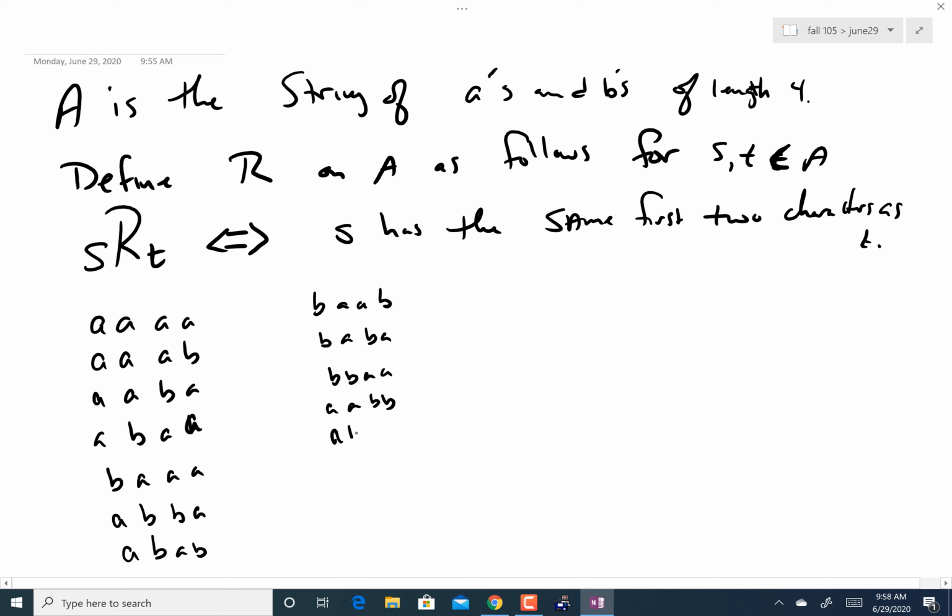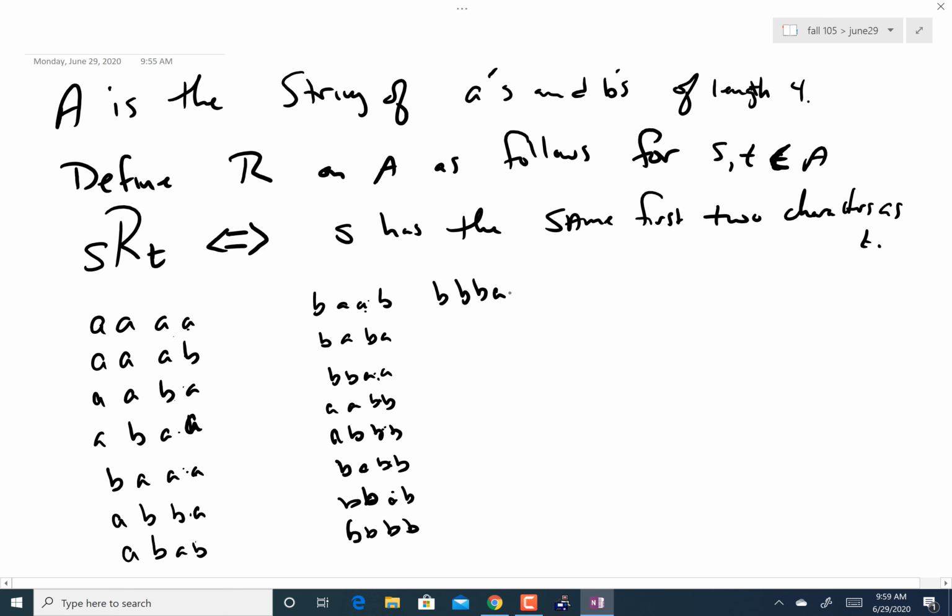Goodness, I'm having a problem today. That should be 15. I'm missing one. There you go. There's all 16 of them. Good Lord. All right, there they are.